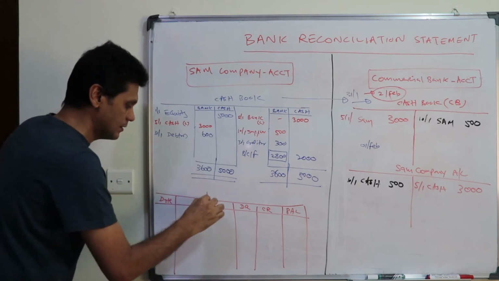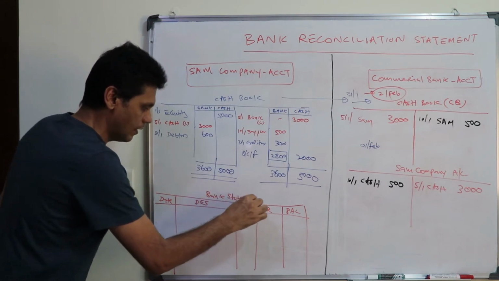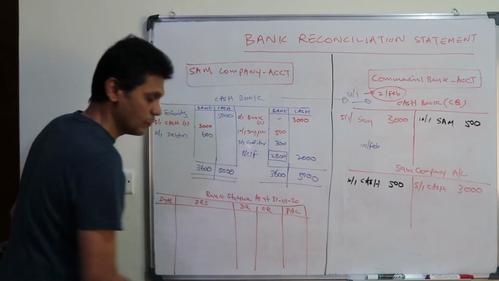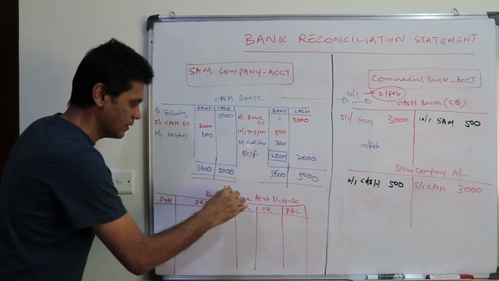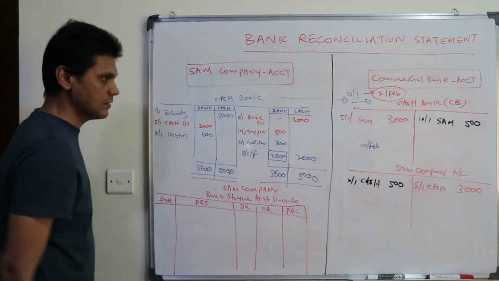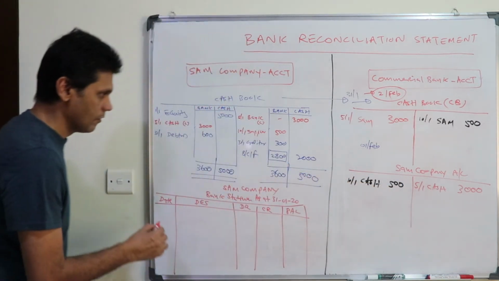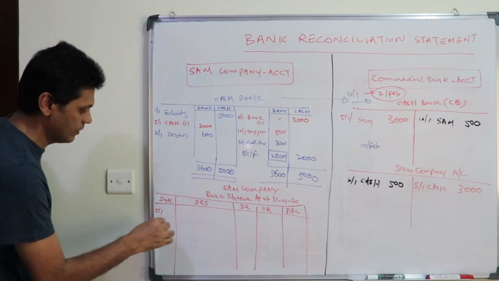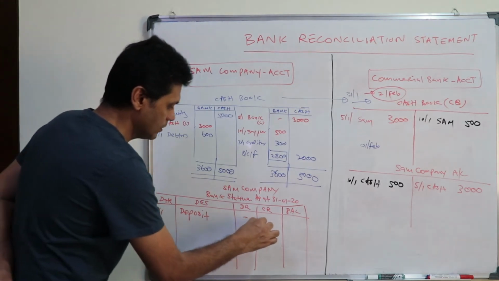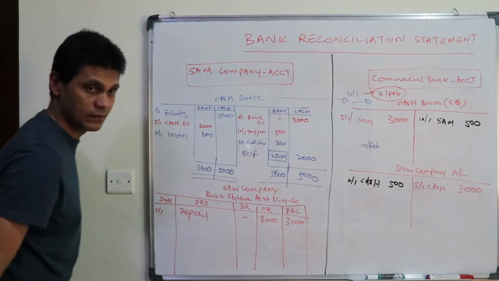This is the bank statement as at 31st January 2020, SAM company. You are receiving it. So what are the transactions recorded in the SAM company? On 5th January, there was a deposit. How much? 3,000. Balance was 3,000.